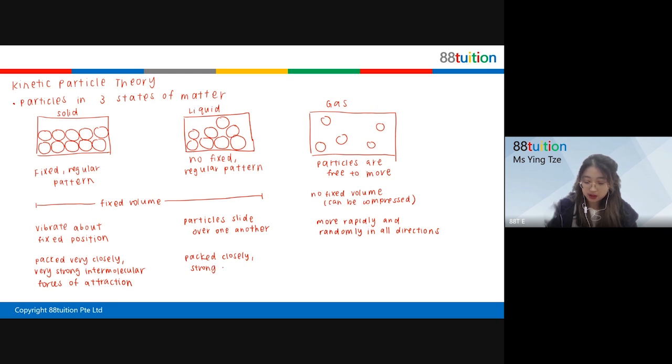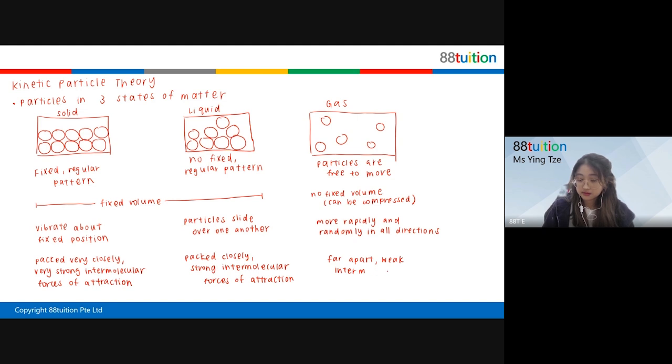So the intermolecular forces of attraction are still reasonably strong. And then for the gas, they are far apart, so there are weak intermolecular forces of attraction.